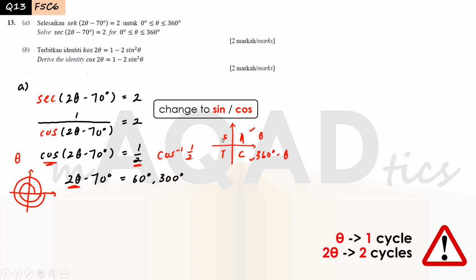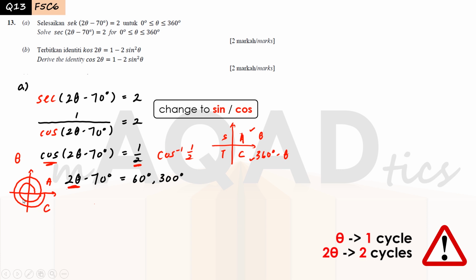So now if I apply the ASTC back here, quadrant A would be here, quadrant C would be here. So if you notice, this line passes through quadrant A 2 times, right? 1 time, and then 2 times.